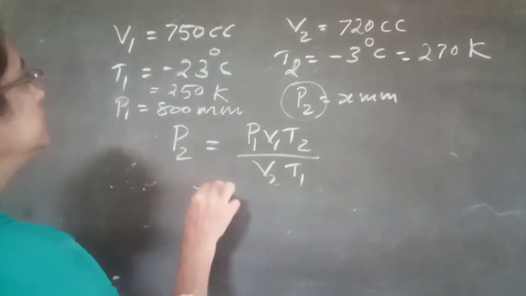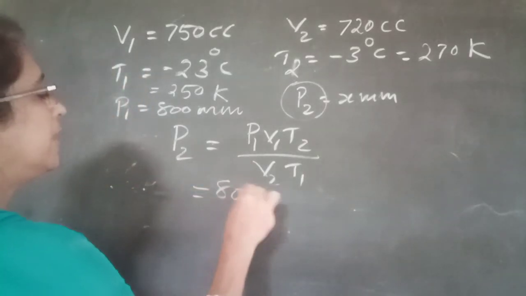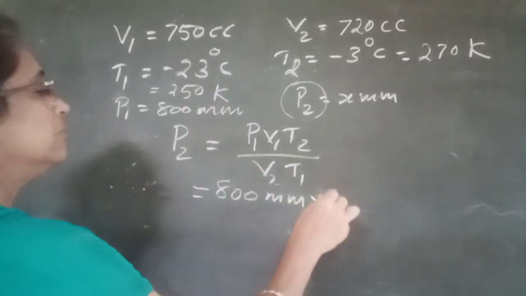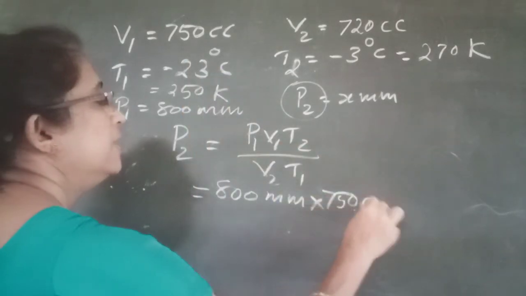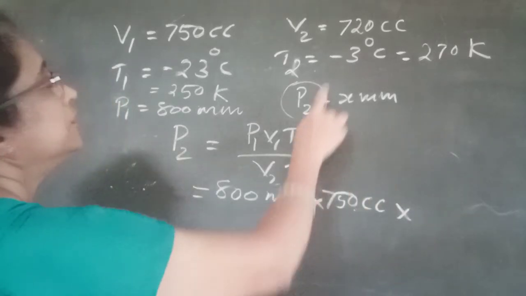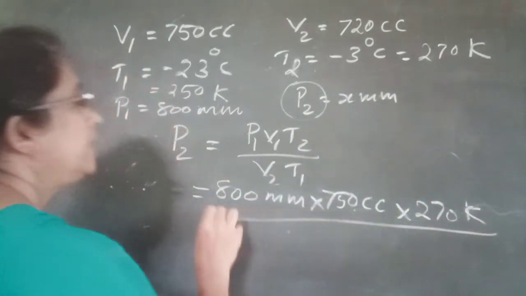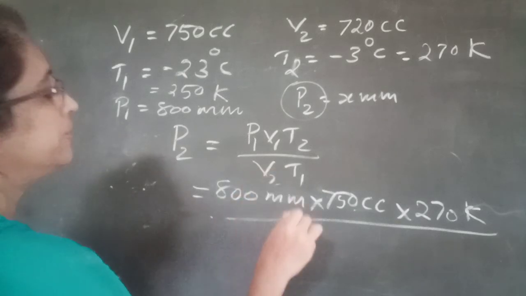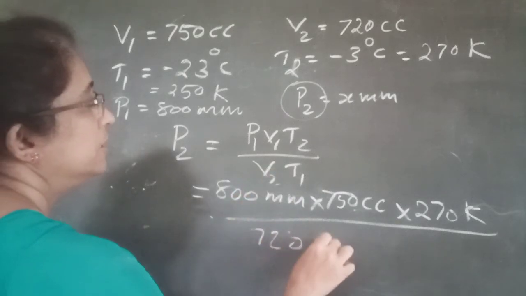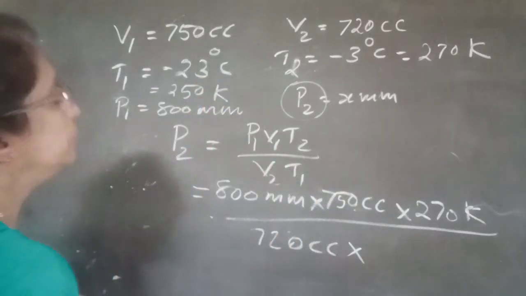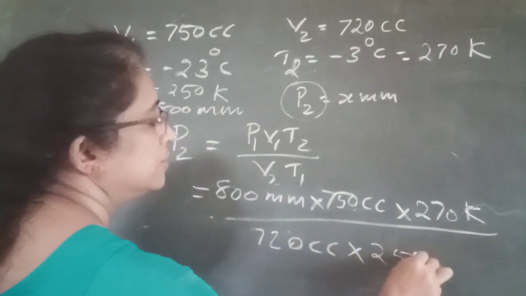Substitute the values. P1 is equal to 800 millimeters of mercury into V1 is equal to 750 cc into T2 is equal to 270 Kelvin, divided by V2, the final volume, 720 cc, into T1 is equal to 250 Kelvin.